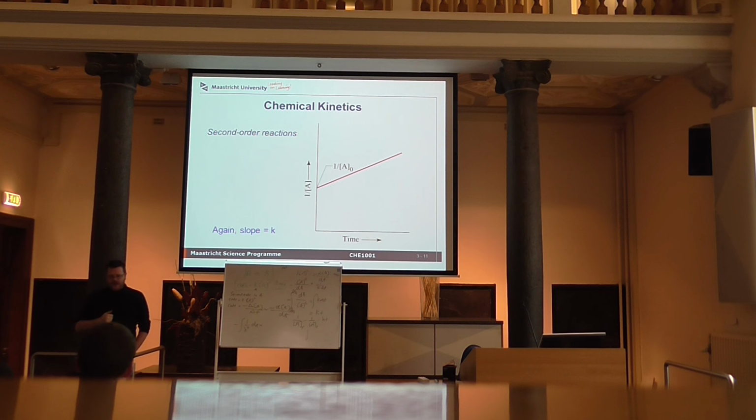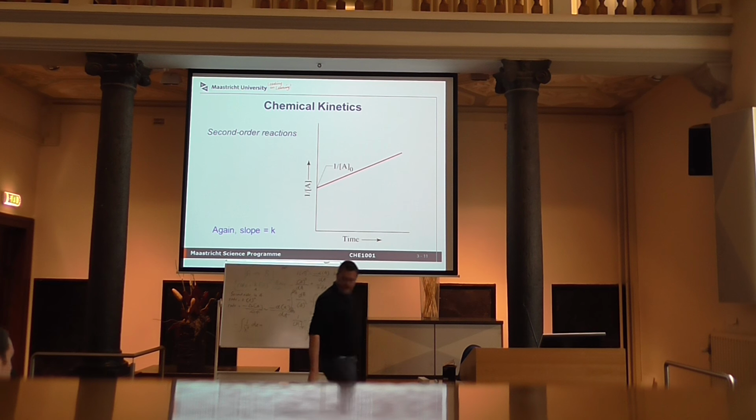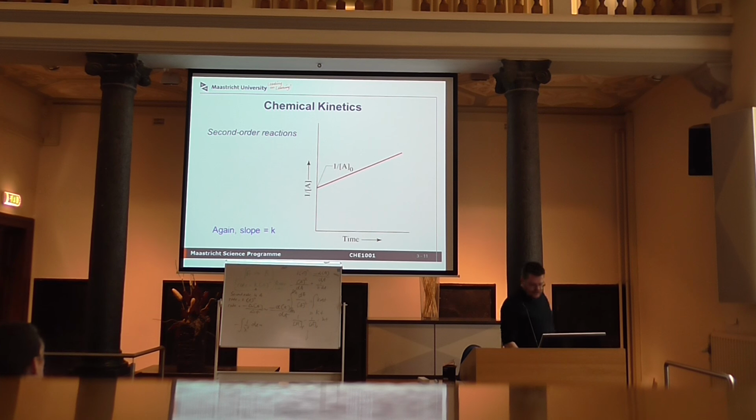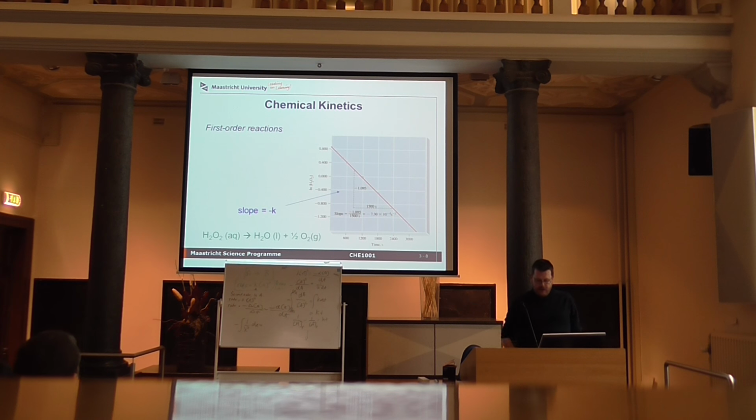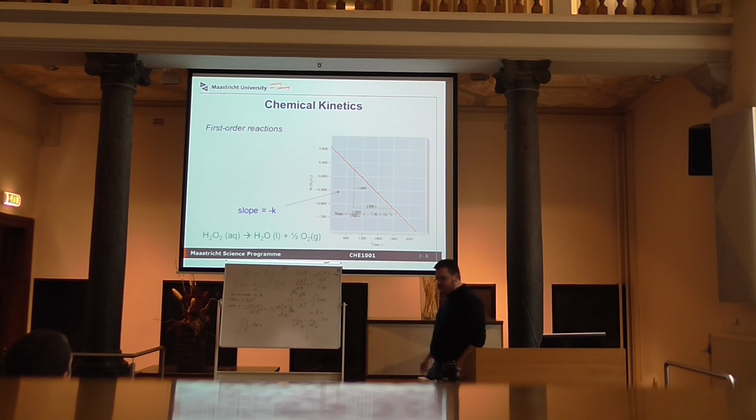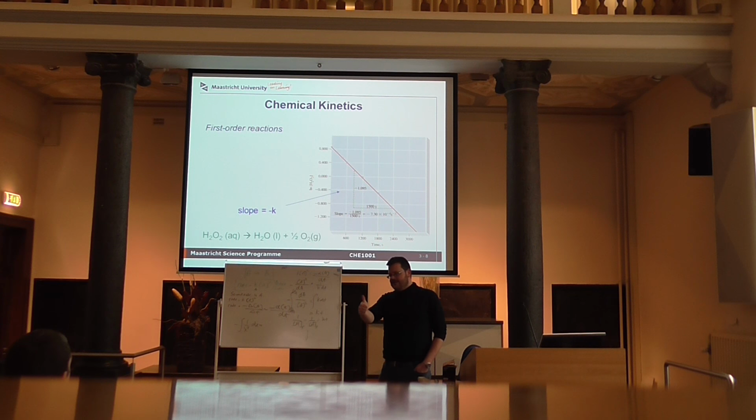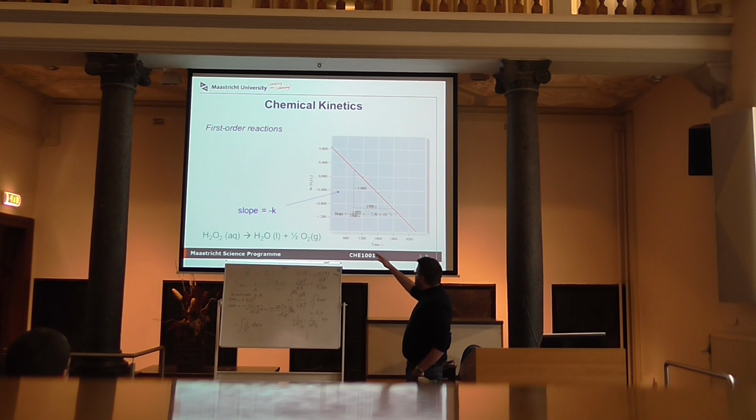The first order reaction, what did we see? If we plot the natural log of the concentration as a function of time, and we get a negative slope, the conclusion is it is a first order reaction, and the rate constant is minus the slope.